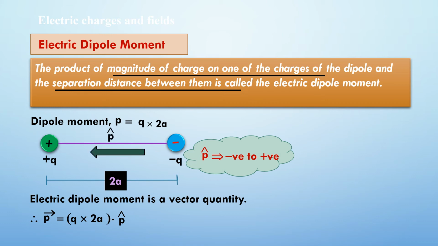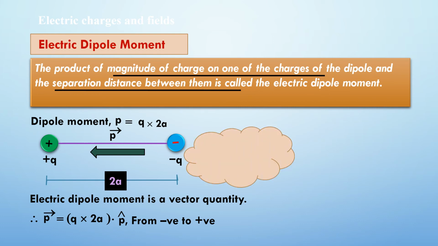So the direction of dipole moment is directed towards the positive and away from the negative. The SI unit of electric dipole moment is coulomb meter, which is capital C for coulomb, and M, which represents meter.